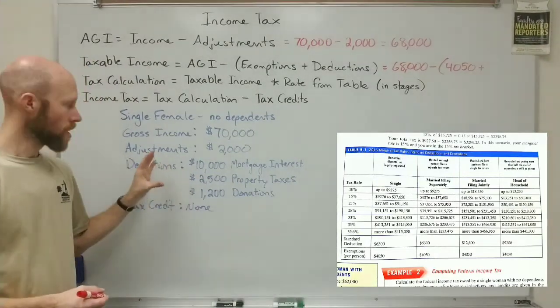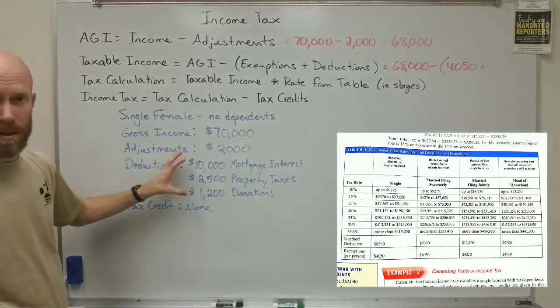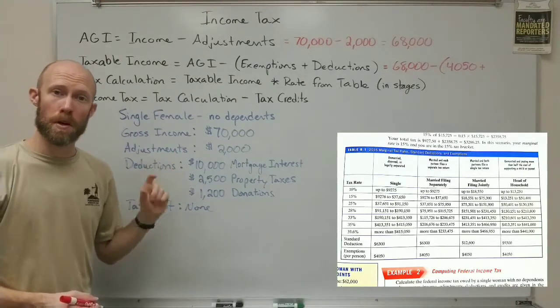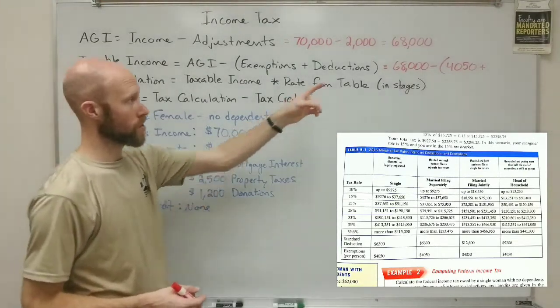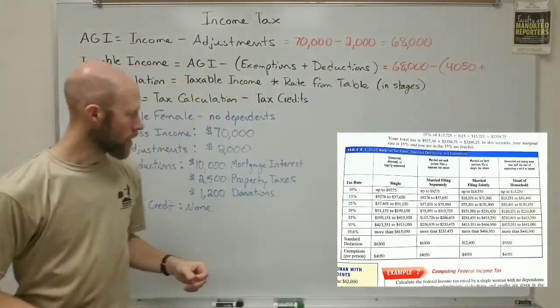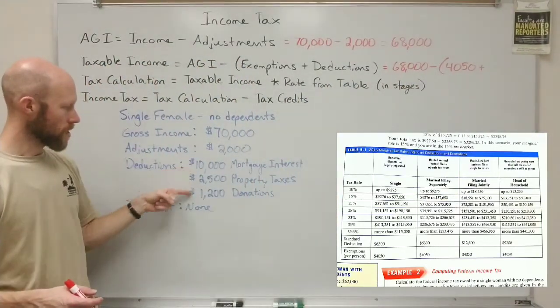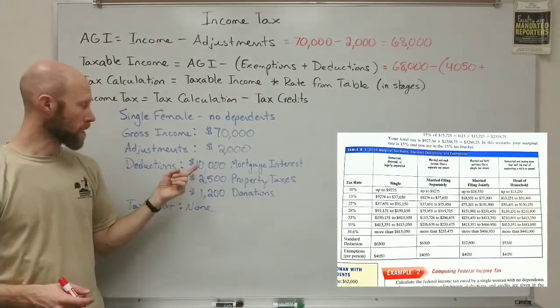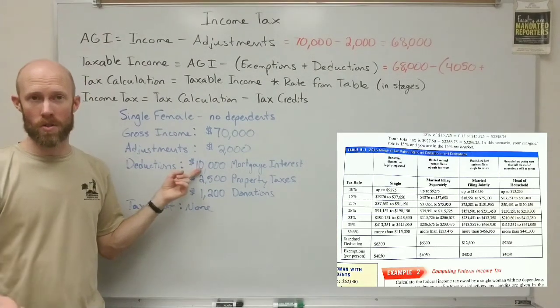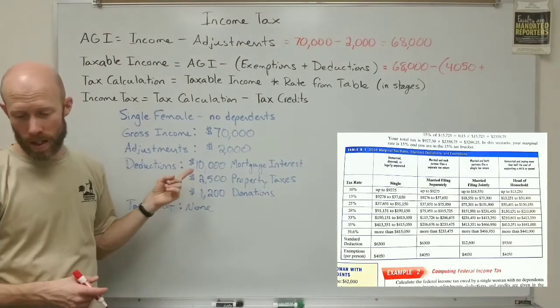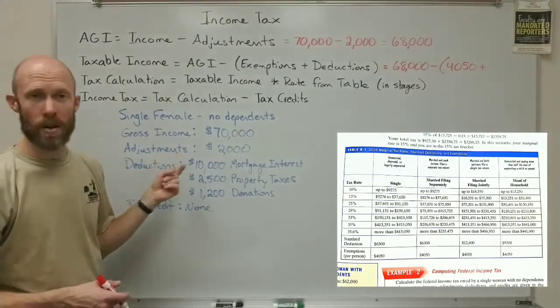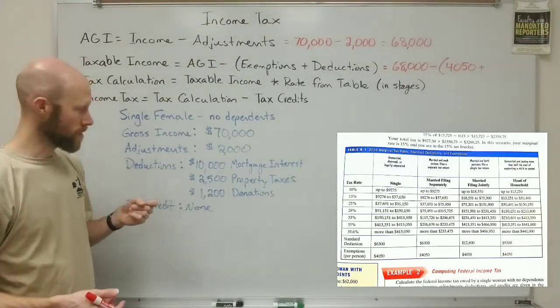Itemized deduction is from this information here. Whichever one is bigger is the one she wants to subtract off. In this case, the itemized deduction will be bigger because the $10,000 in mortgage interest is already higher than the $6,300 for her standard deduction.